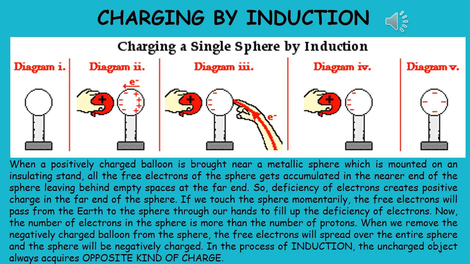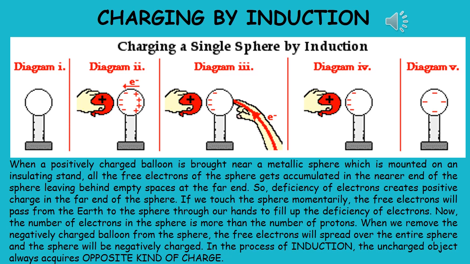If we touch the sphere momentarily, the free electrons will pass from the earth to the sphere through our hands to fill up the deficiency of electrons. Now the number of electrons in the sphere is more than the number of protons because some more electrons have come from the earth to the sphere.